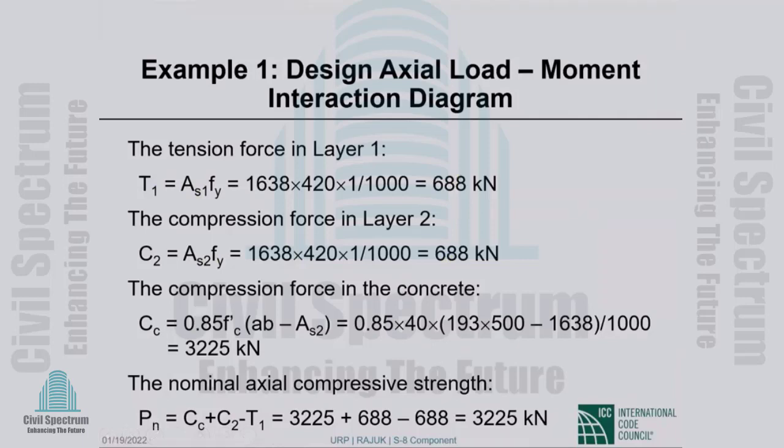There is no force contributed by them. The compression force in the concrete for the calculated neutral axis depth comes out to 3225 kilonewtons. So 3225 is the P sub n value. The compression concrete force is now the P sub n.